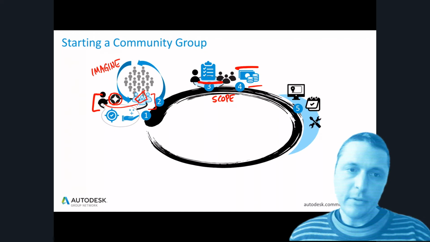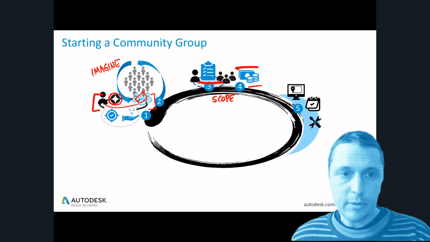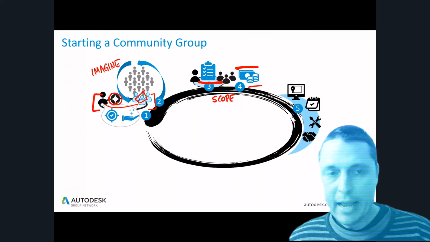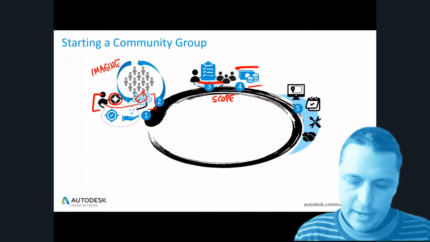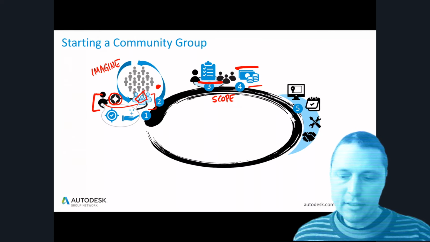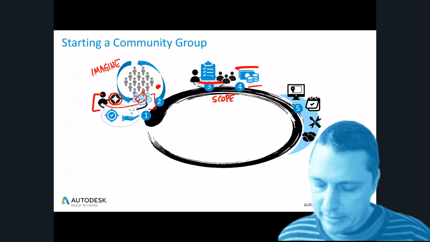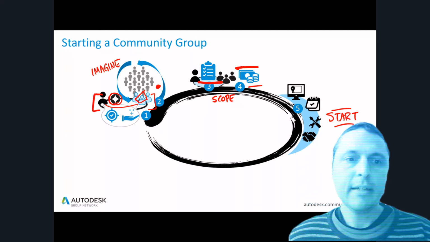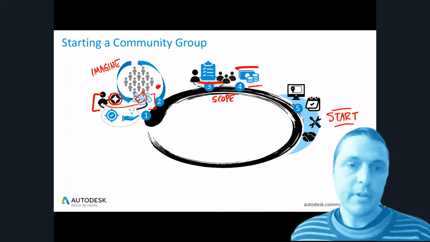What tools are you going to use to run the group? Are there partnerships or relationships that the group can have with other groups? That might be something you define back up here as well as you're imagining. So this is sort of the starting of the group is actually doing the stuff of the group.